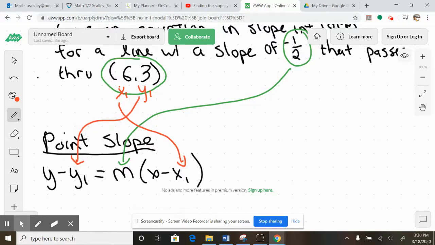So I know this looks sloppy with all the arrows, but this is what this is going to look like after we plug in. So y minus y1 will be y minus 3. I plug in the -1/2 for m.